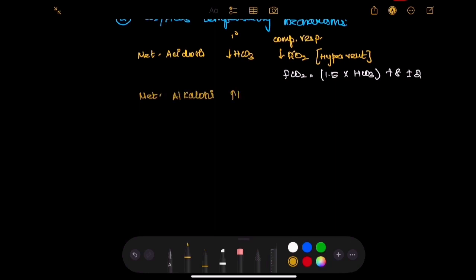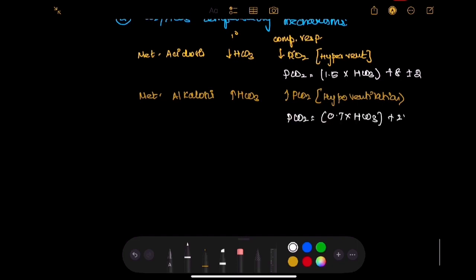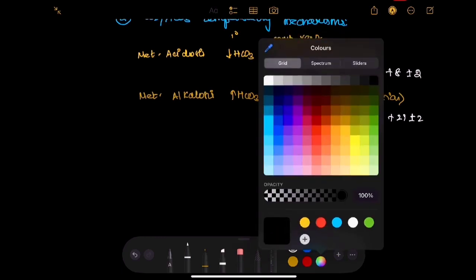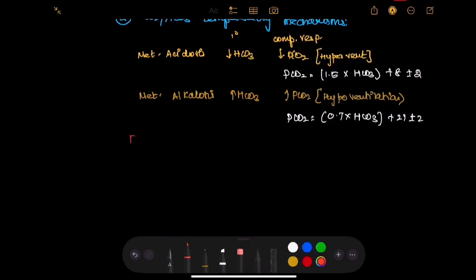In case of metabolic alkalosis, the primary disorder is an increase in bicarbonate levels with compensatory hypoventilation leading to an increase in CO2 levels. So the expected PCO2 is equal to 0.7 times the bicarbonate concentration plus 21, plus or minus the range of 2.